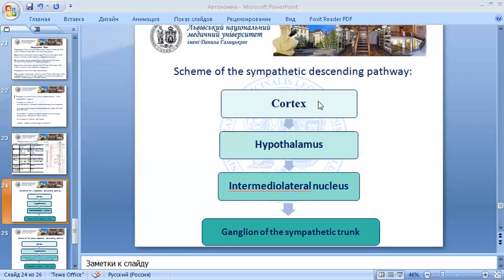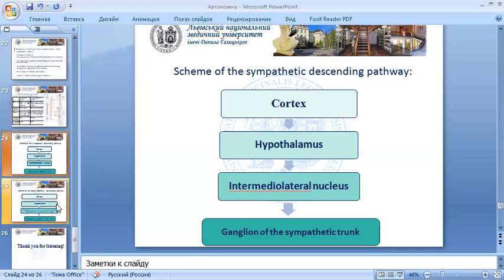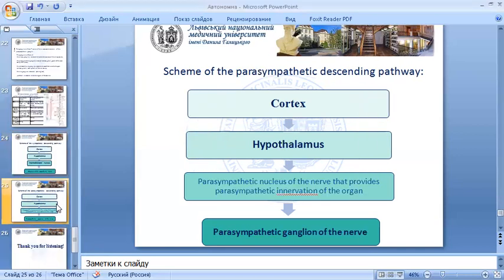What about the parasympathetic descending pathway? For the parasympathetic system, similar to the sympathetic, the first neuron is in the cortex. Impulses from the cortex are transmitted to the second neuron, which lies in the diencephalon, the hypothalamus, like we said for the sympathetic.